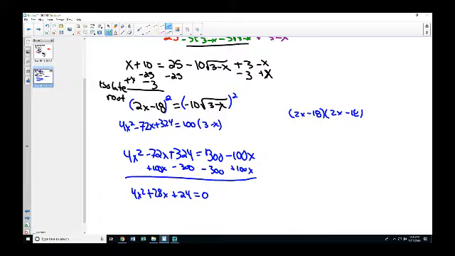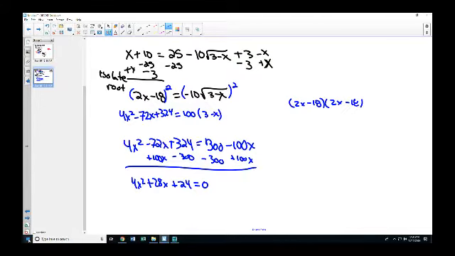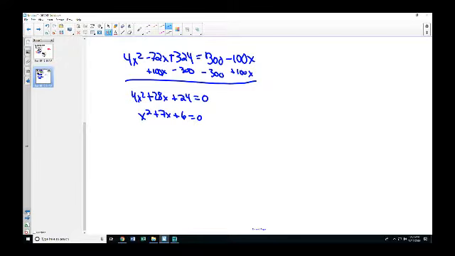Now that we've done this several times, what do you want to do first? Take out the 4 from each, that greatest common factor. Correct me if I'm wrong, because I make mistakes on that all the time. That makes factoring easy now, right?